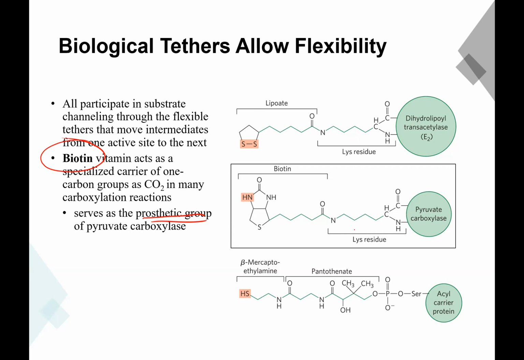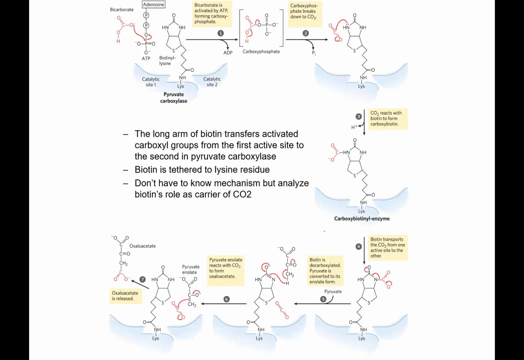So it is attached courtesy of a lysine residue to the pyruvate carboxylase enzyme. And it's some pretty interesting chemistry, I have to say. You don't have to know the mechanism, but I would like to take a look at it because I think it's pretty interesting. So what's going on here?